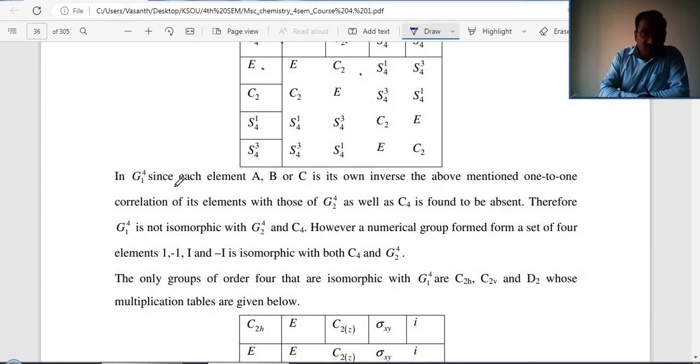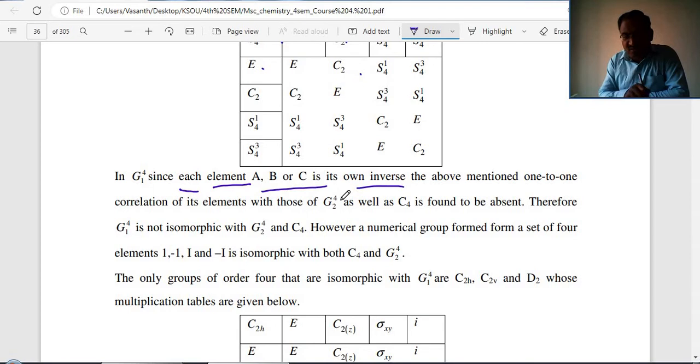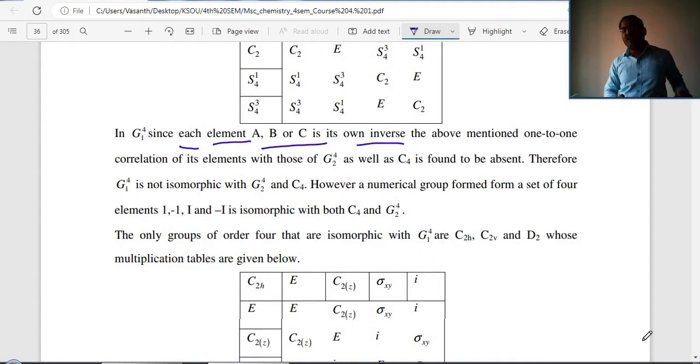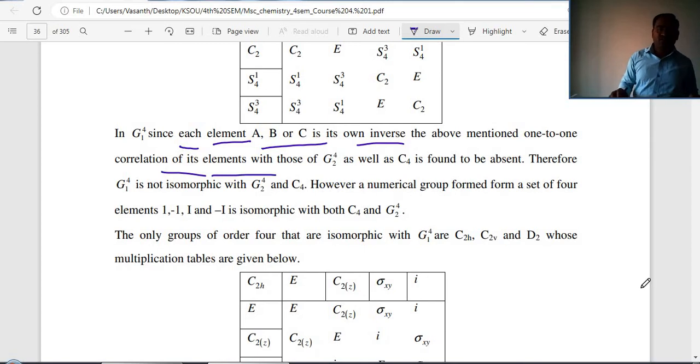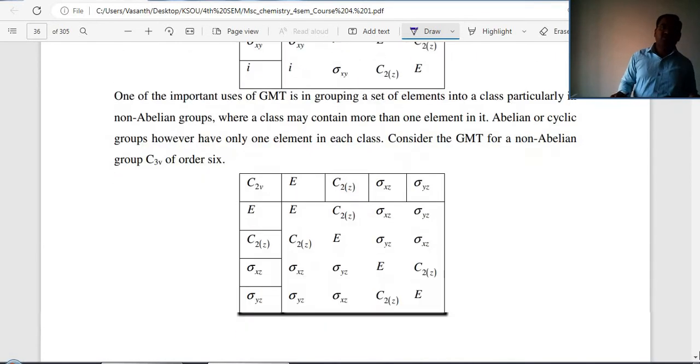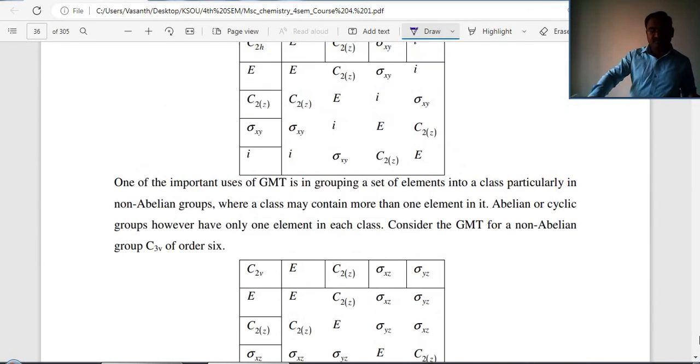Here each element A, B, C is its own inverse, and there is the above-mentioned one-to-one correlation of its elements with those of Z2.